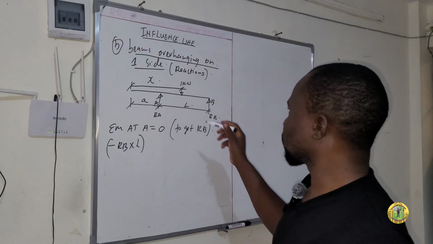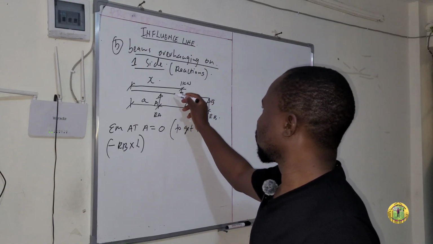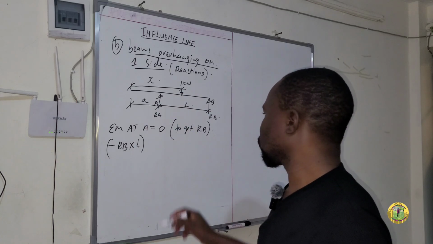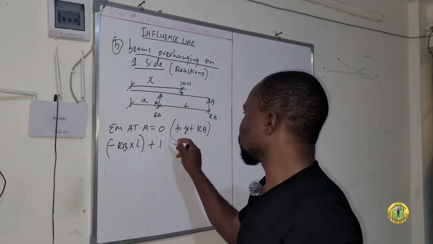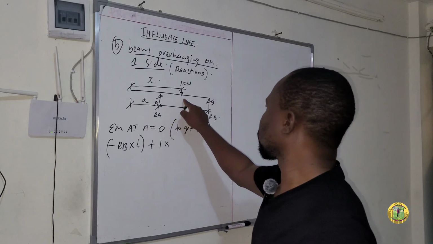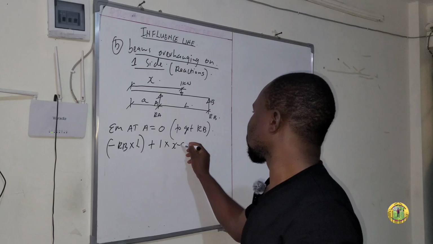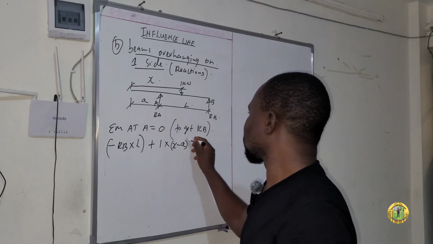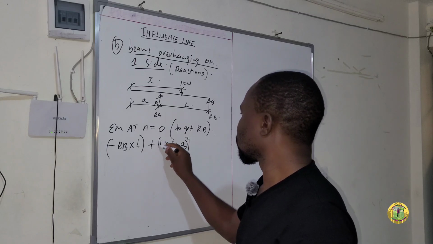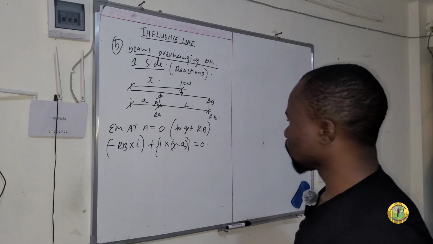In which direction is this 1 unit load moving in reference to point A? It is moving in clockwise direction. So plus 1, then times the distance from here to here is x minus A, and then is equal to 0.